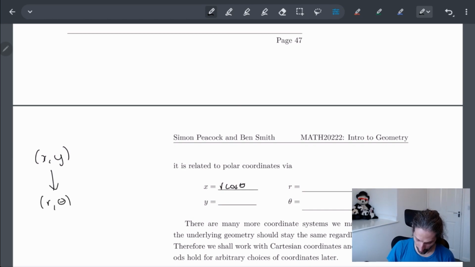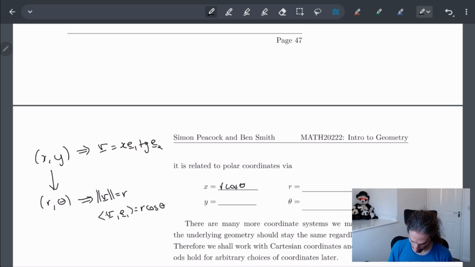Now to remember, this means that we have v equal to x e1 plus y e2. And this is telling me that the size of v is equal to r, and that the inner product of v with e1 is equal to r cosine of theta, right?